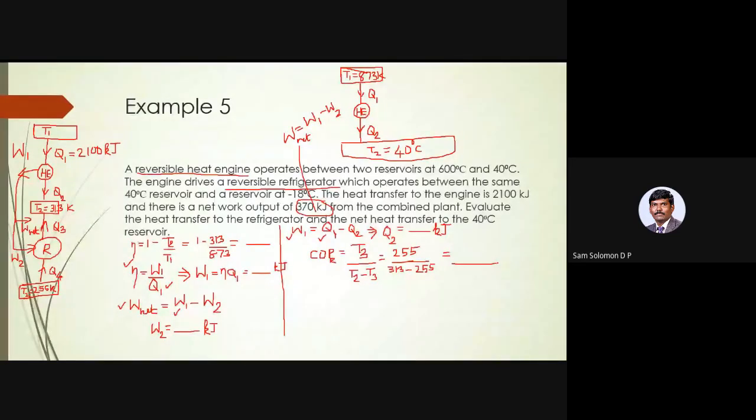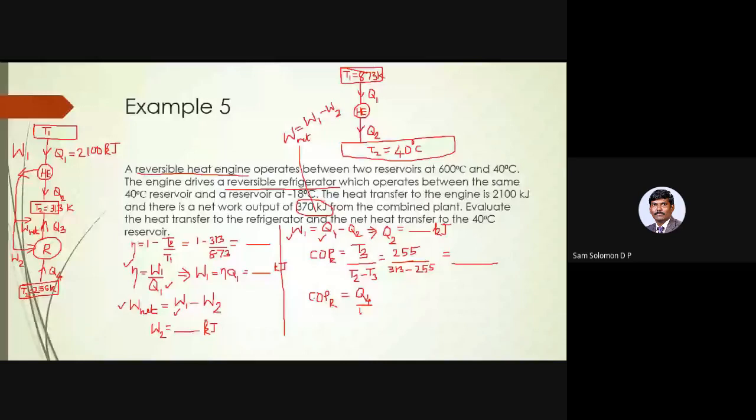Once you find the COP of the refrigerator, now you can use the same formula. COP of the refrigerator is equal to heat removal divided by the work input. So heat removal for the refrigerator is Q4 divided by work input W2.